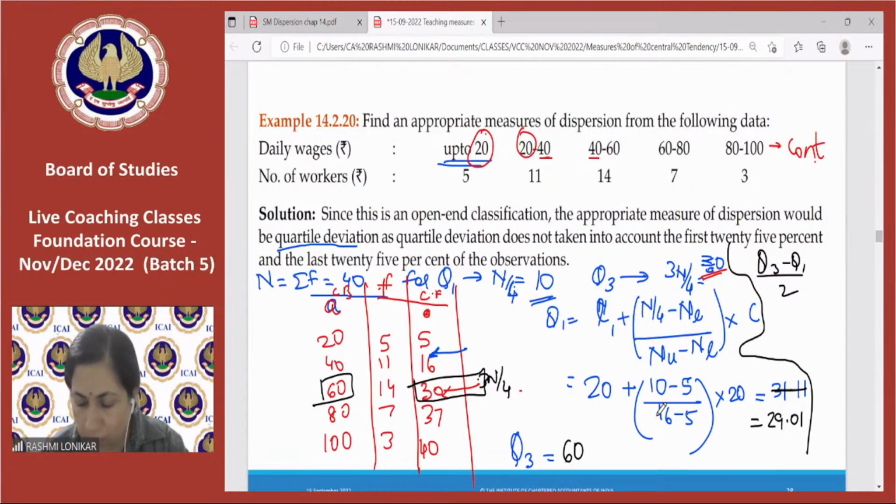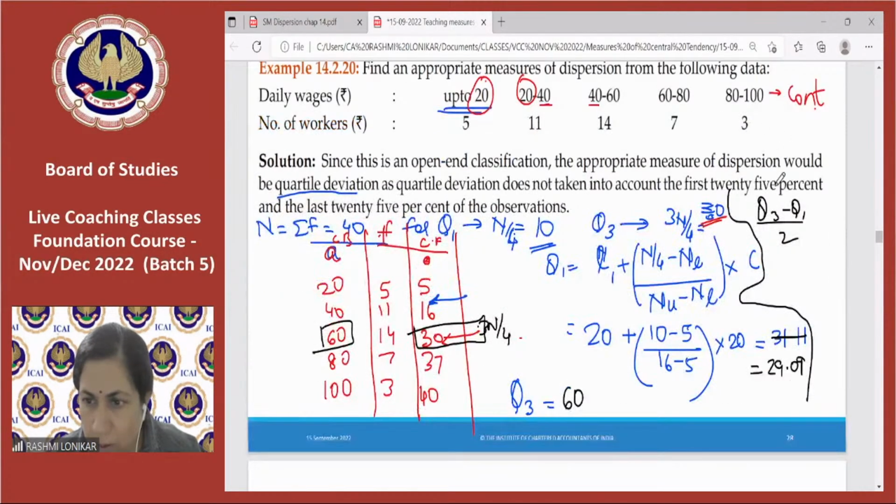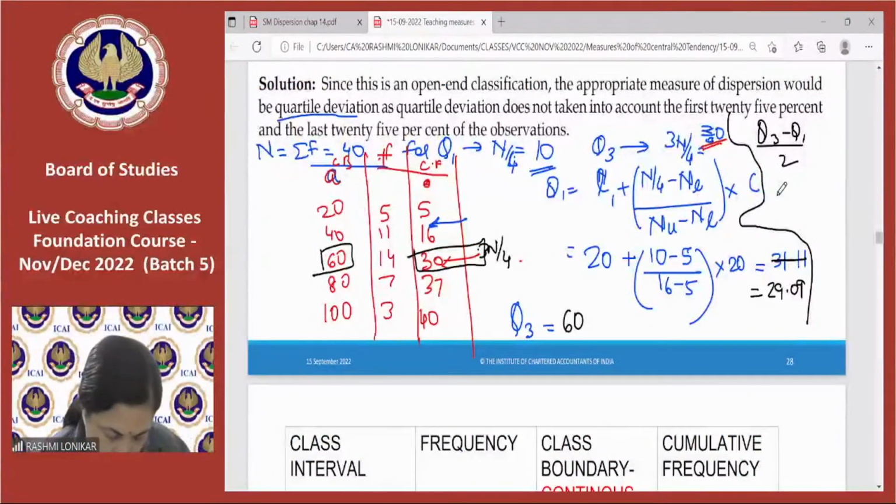So this is 5 divided by 11 into 20 plus 20, 29.09. Can you find out Q3 minus Q1?